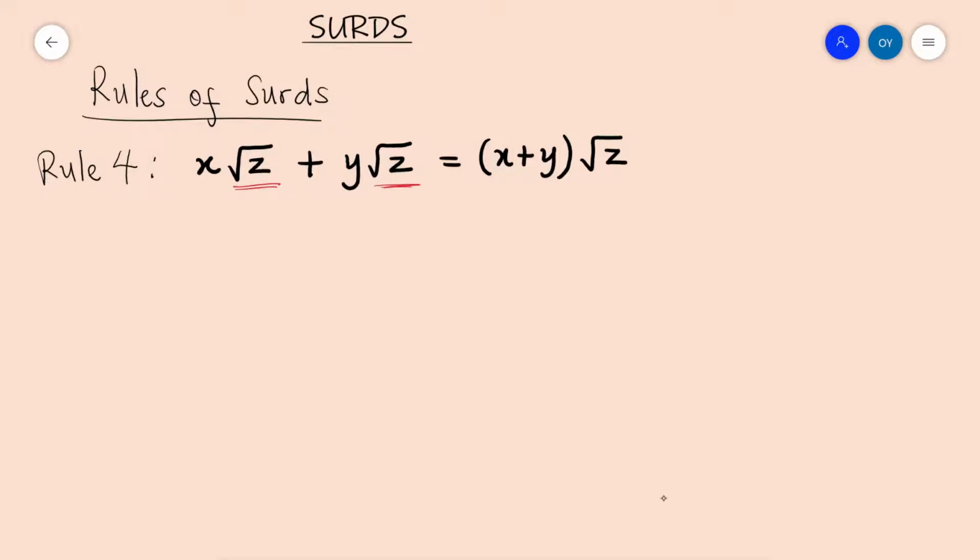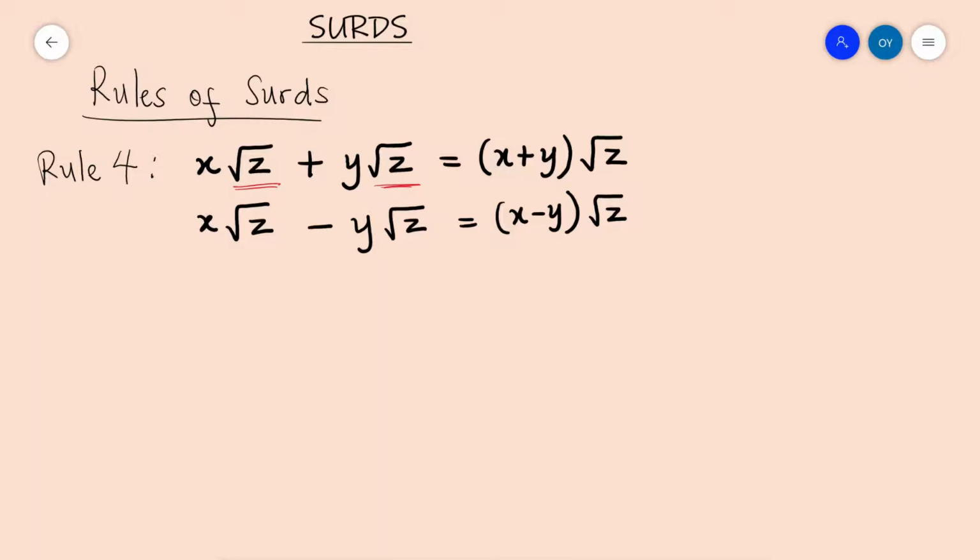So we have x plus y root z. Also, x root z minus y root z is x minus y, root z.